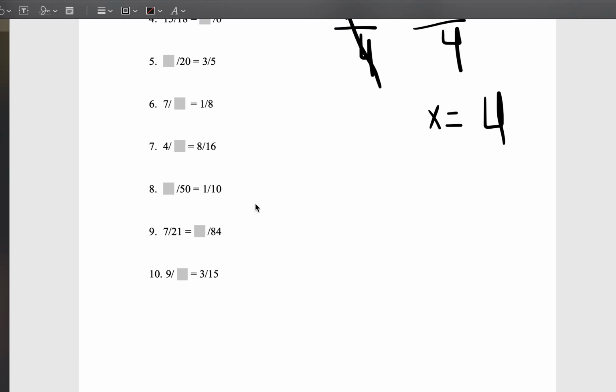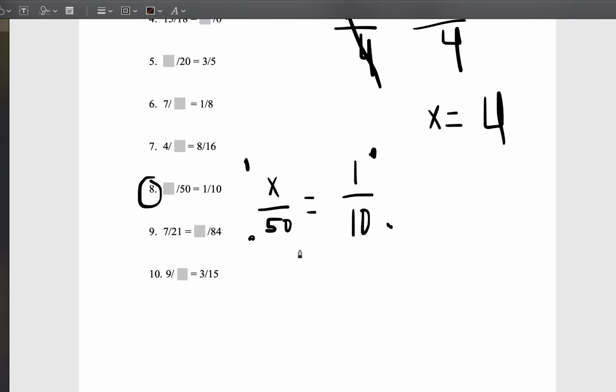Pretty simple. Let's do one more. Let's do this one, number 8. So x over 50 equals 1 over 10. Again, we're going to cross multiply. If you didn't know, cross multiply means this times this, and then this times this.